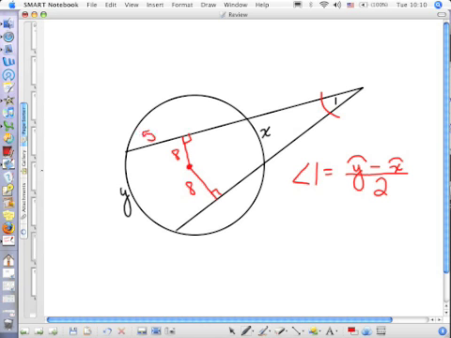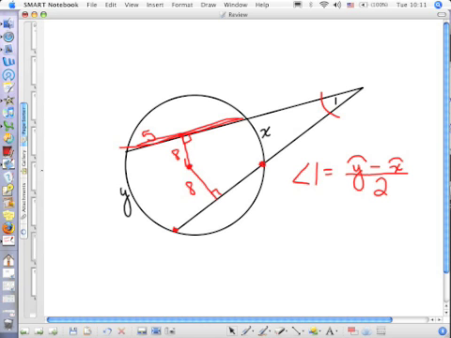Let's say I said this was 5 from here to here. And then asked you what's the measure from here to here. What would you tell me? It's 10. Because number one, these have been bisected. So this top chord is 10. And since they're the same distance from the center, this bottom one is also 10. Okay, all the little things in that chapter that we had to know.